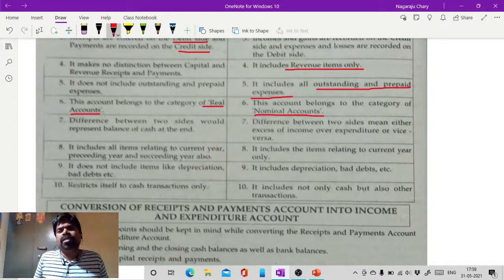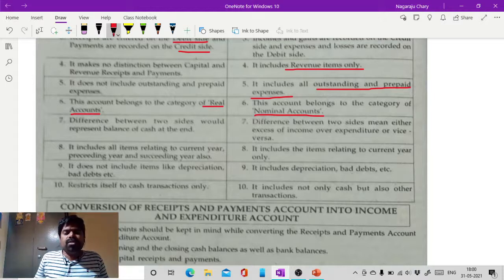If incomes and gains are more than expenditure and losses, then we get a surplus. If expenditure and losses are more than income and gains, then we get a deficit. So that is the difference between these two. It includes all items relating to the current year, preceding year and succeeding year.